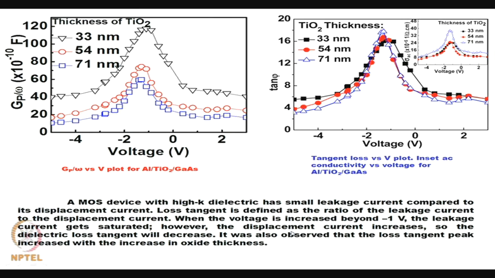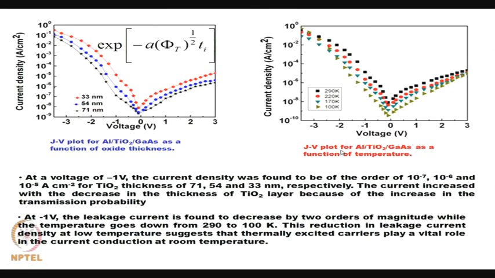It was also observed that the loss tangent peak will increase with oxide thickness, and at a voltage of -1 volt, the current density was found to be on the order of 10 to the power -7, 10 to the power -6 and 10 to the power -5 ampere per centimeter square for TiO2 thicknesses of 71, 54 and 33 nanometer. The red one is 33, the blue one is 54 and the black one is 71.